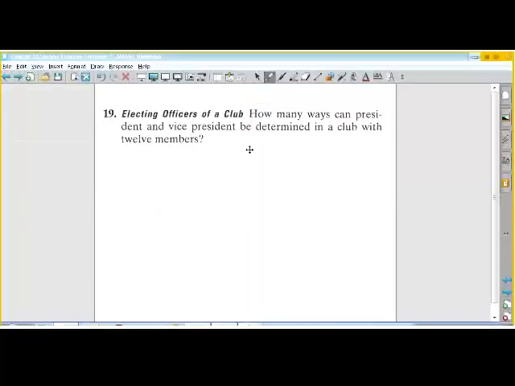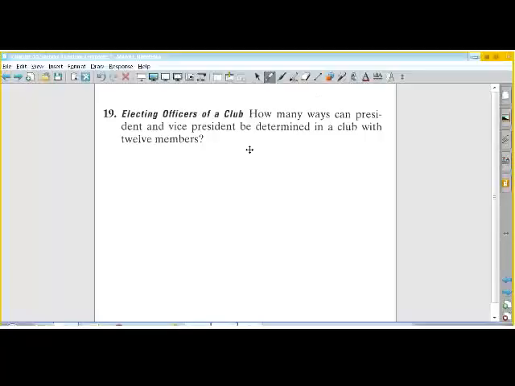Okay, one more. Okay, so here we go. How many ways can a president and vice president be determined in a club with 12 members? So my first question, is order important? Taylor. Is it important whether you're the president or the vice president?